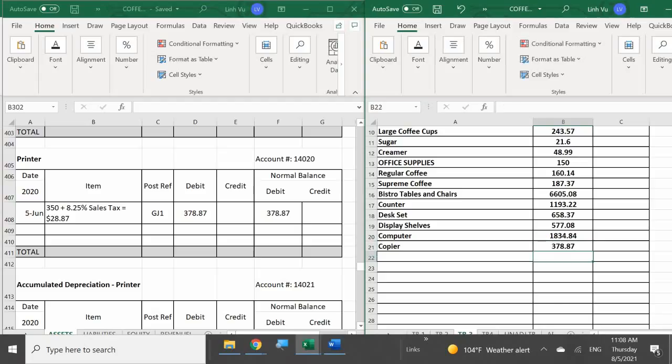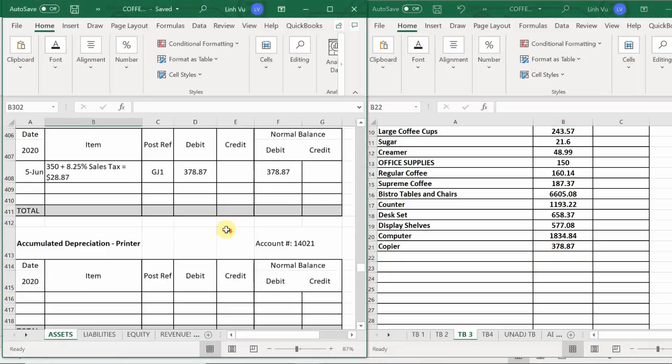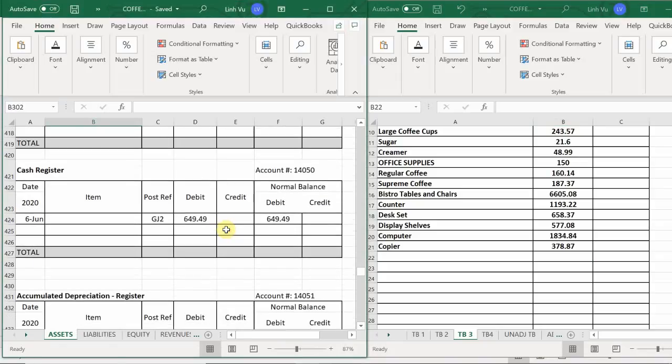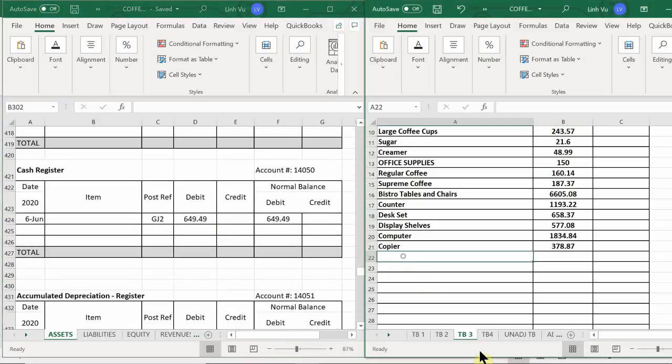Make sure we don't do any typos here. 378.87. Then we have a cash register for $649.49.